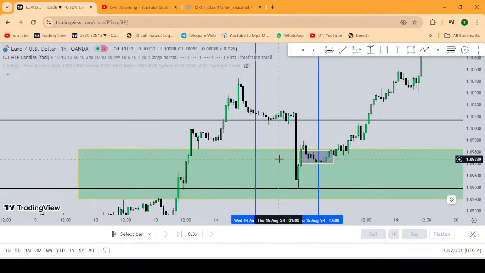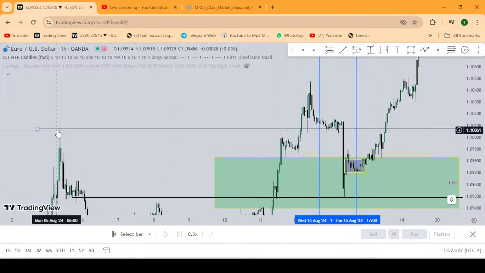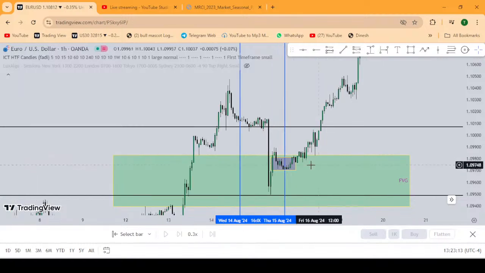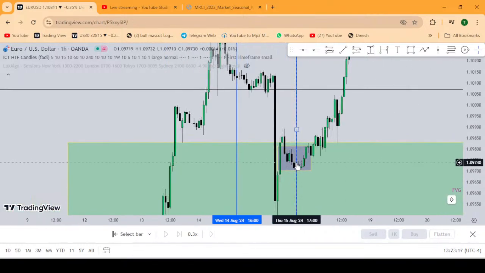People pump their orders from this particular zone here and hold price to push the rest of the day. Because we are coming from the high to internal fair value gap, we are looking for more highs up here. So this is where the opportunity for the buys will begin from. Now this happened at a time when they are almost closing that day.